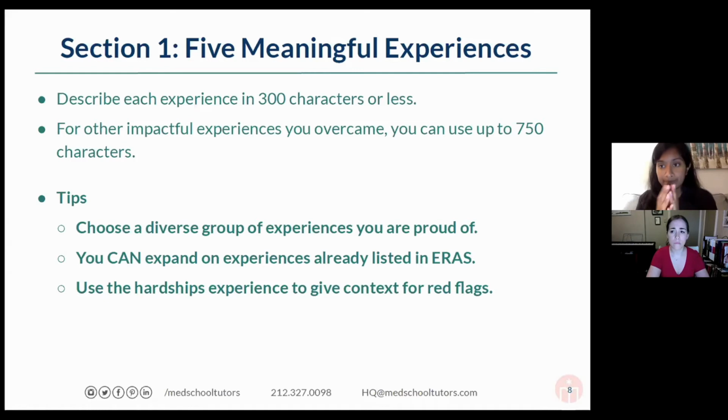But another really important thing is to use a diverse group of experiences that really paint the pieces of who you are, because most people have a lot of different interests and hobbies and things that make them a part of medicine, as opposed to one passion, which is also great. But depending on what kind of person you are, I think the diversity applies to a lot more people.